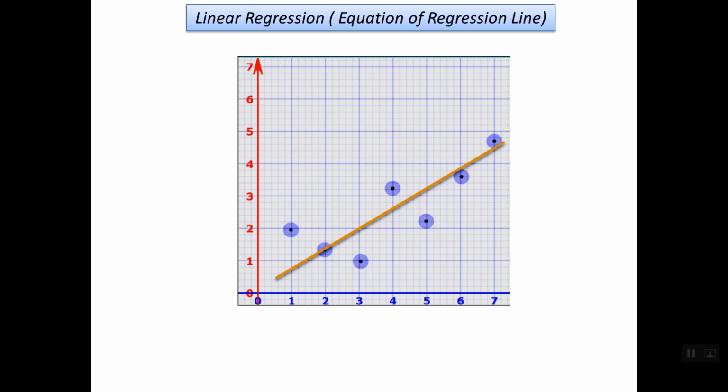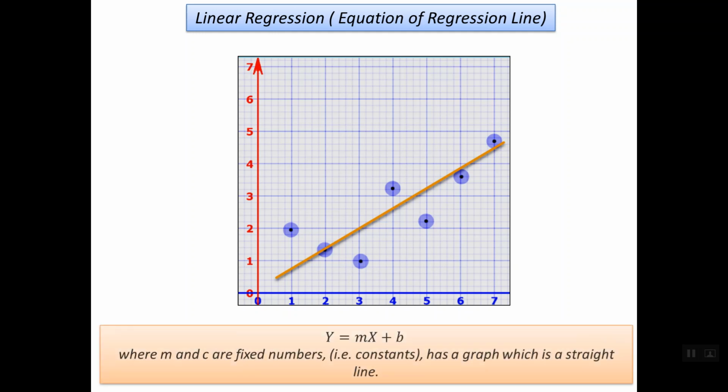This is the linear regression regarding the equation. In order to determine the equation of the regression line, we should know 2 values. So the formula for the straight line equation is simply y is equal to m times x plus b.